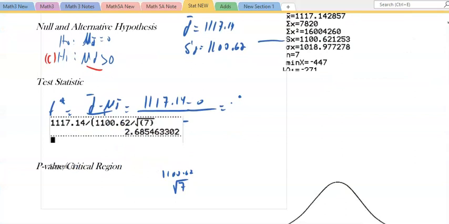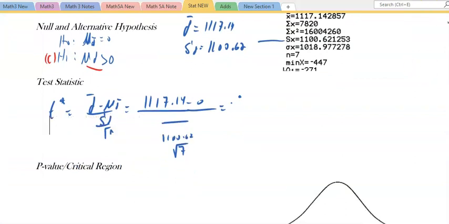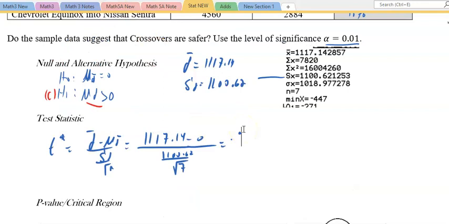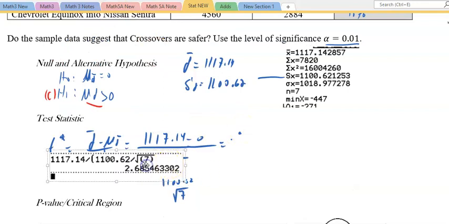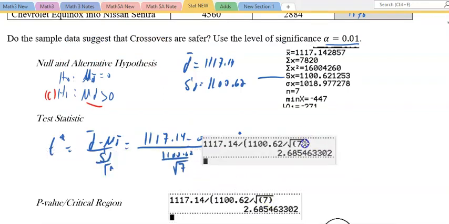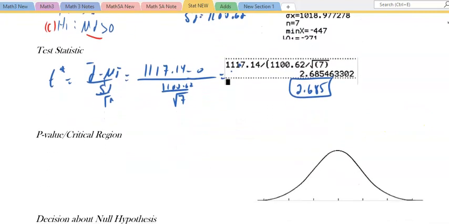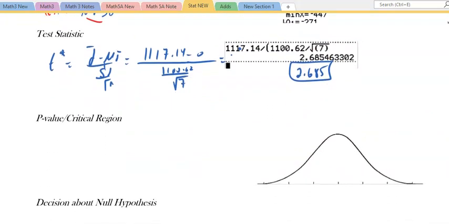So here we are. 2.685, I suppose 2.69 will do, it doesn't matter. So let's go with the p-value.